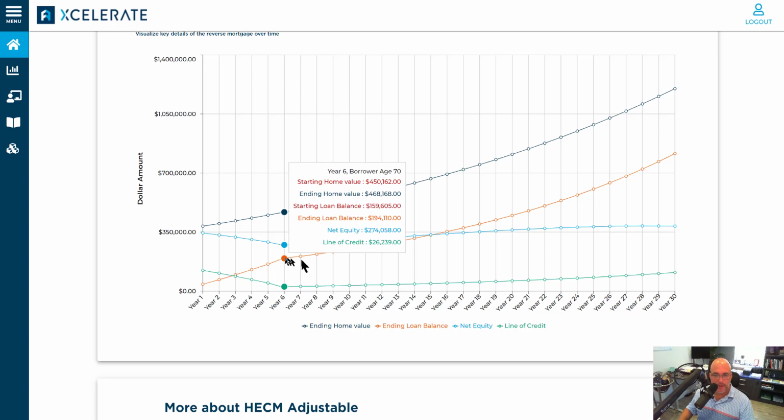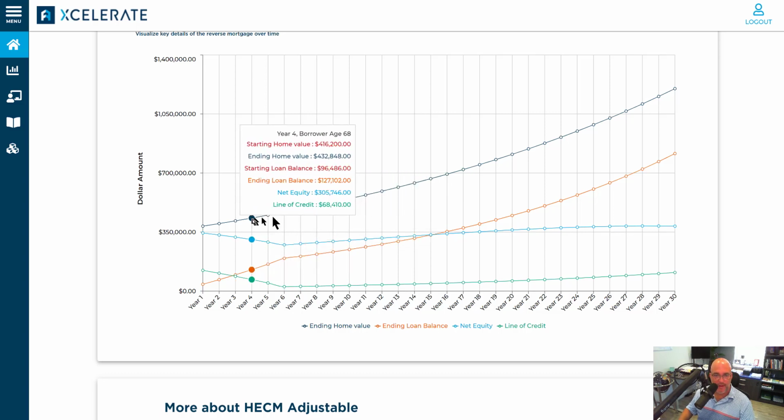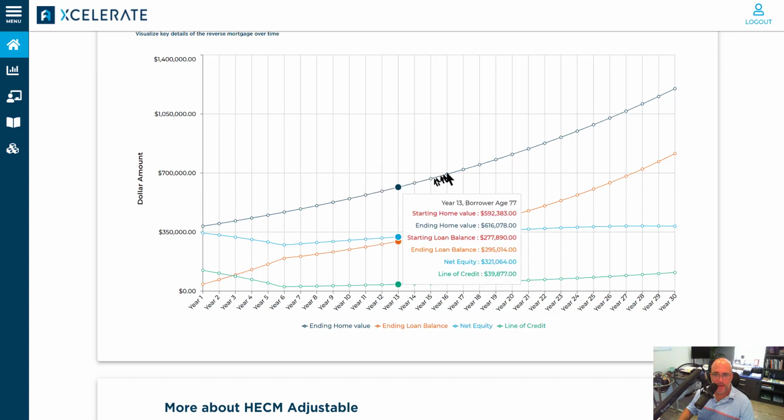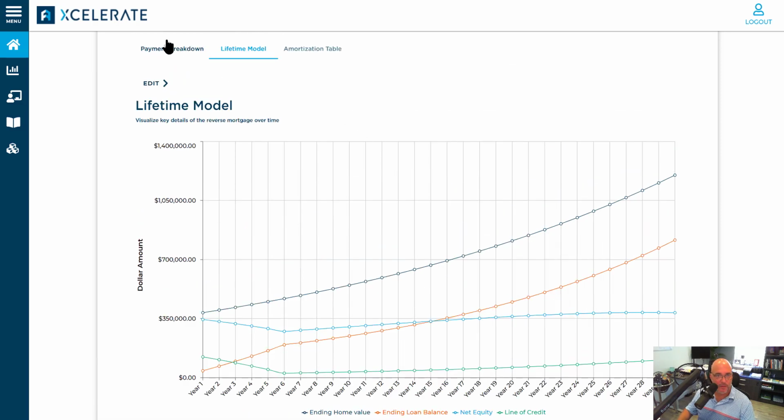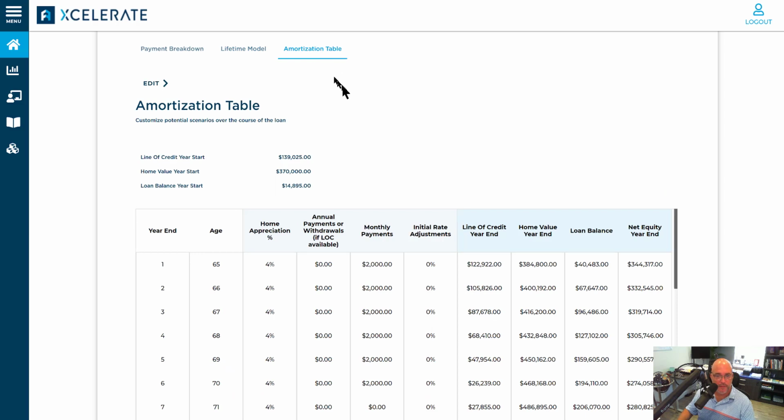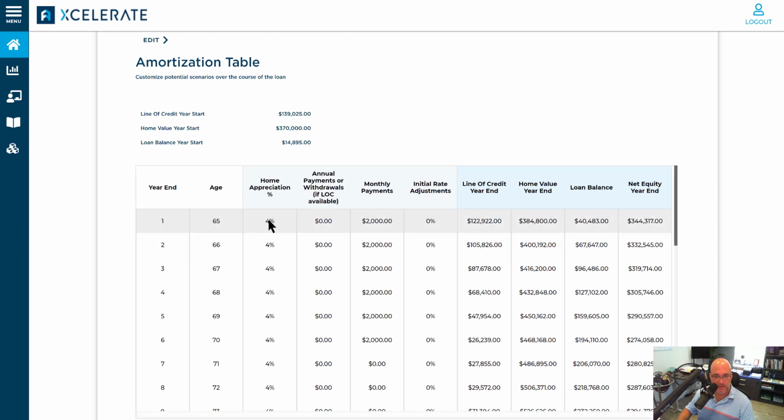So of course, this shows your home value going up over time. We illustrate 4% because that's what HUD mandates that we do. We can change that, of course, and none of these figures are affected at all. So for instance, if we just for fun said, let's just pretend that the house stays at $370,000. Let's just carry that down forever.